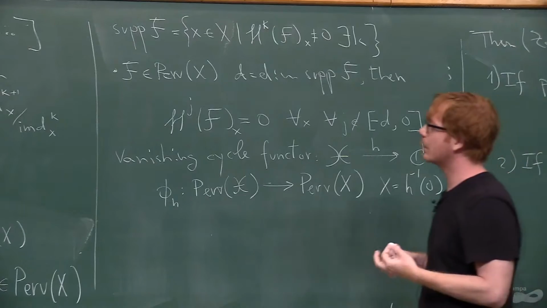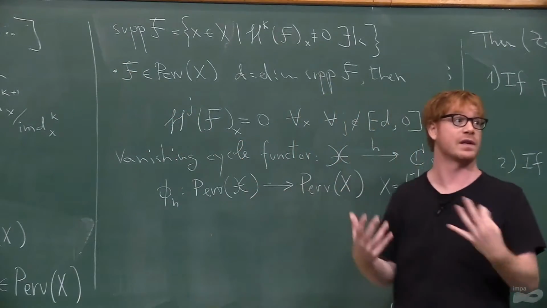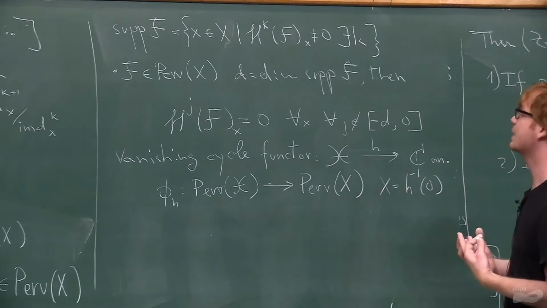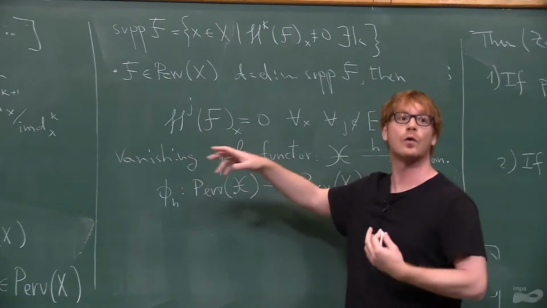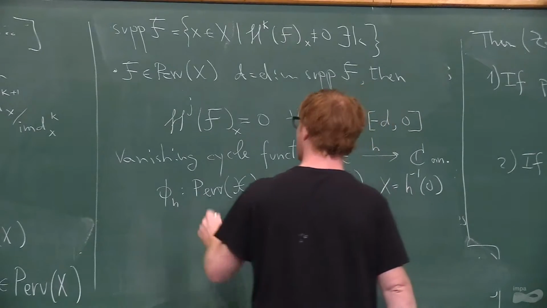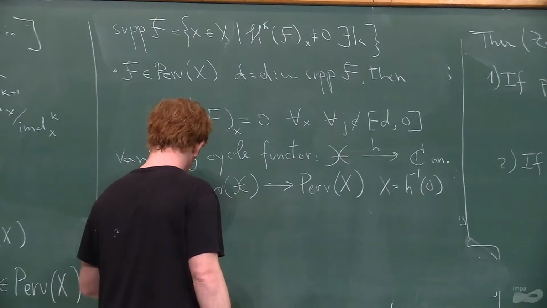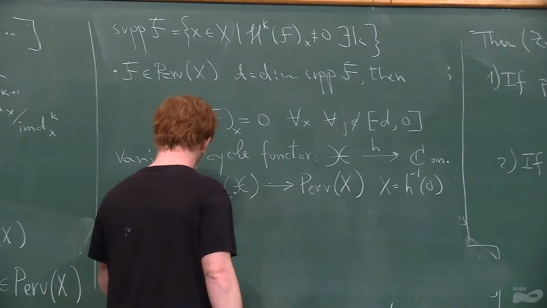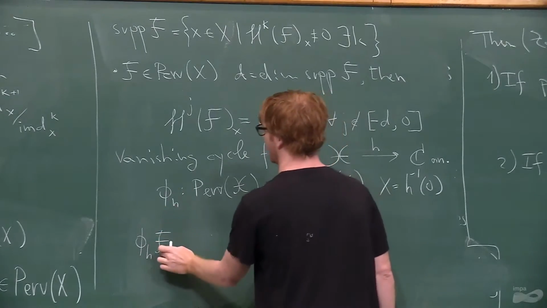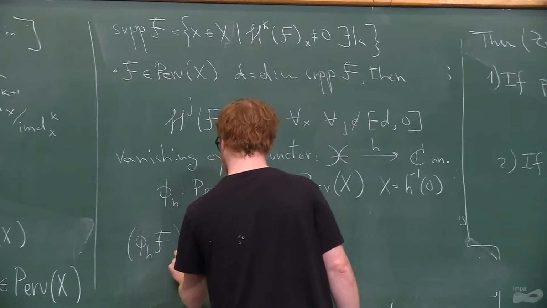And what does it do? Well, one thing you have to know: in the derived category, you don't expect to understand what the objects are. What you have to hope for is to understand what the stalk cohomologies are, or what the hypercohomologies are, but not more than that. So what is the stalk cohomology of the vanishing cycle functor applied to a perverse sheaf F at a point X?